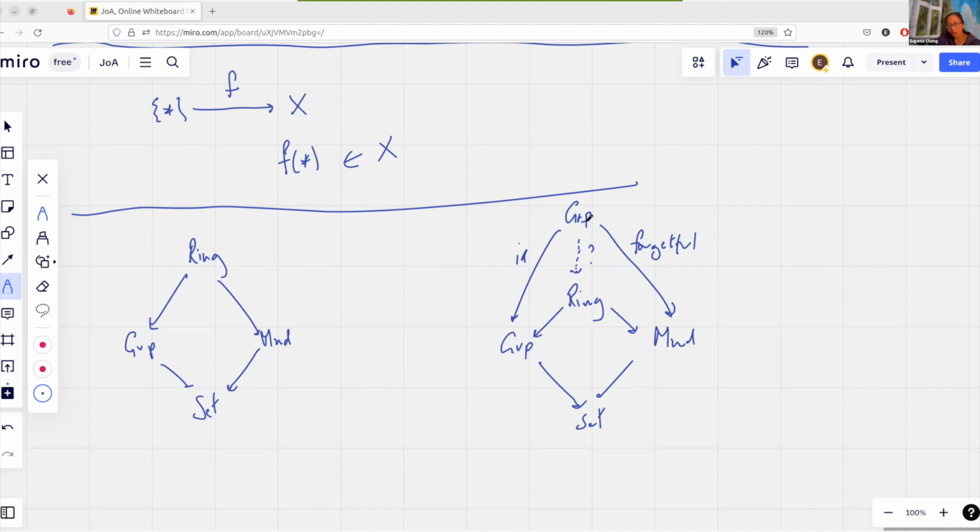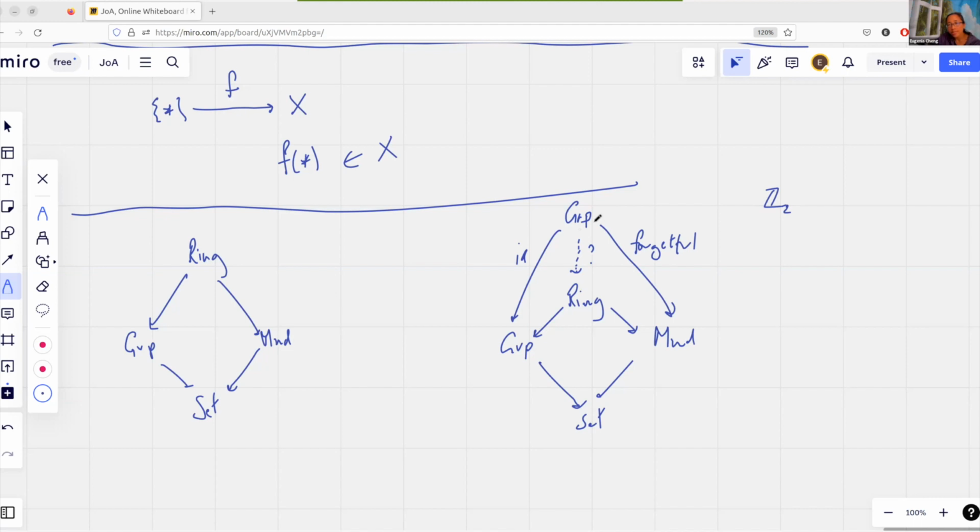Well, if you take a group, I'm going to take an example of a group in here that will have nowhere to go. I can just take the smallest non-trivial group I can think of, which is the cyclic group of order 2, or the integers mod 2. So what would this functor have to do here?